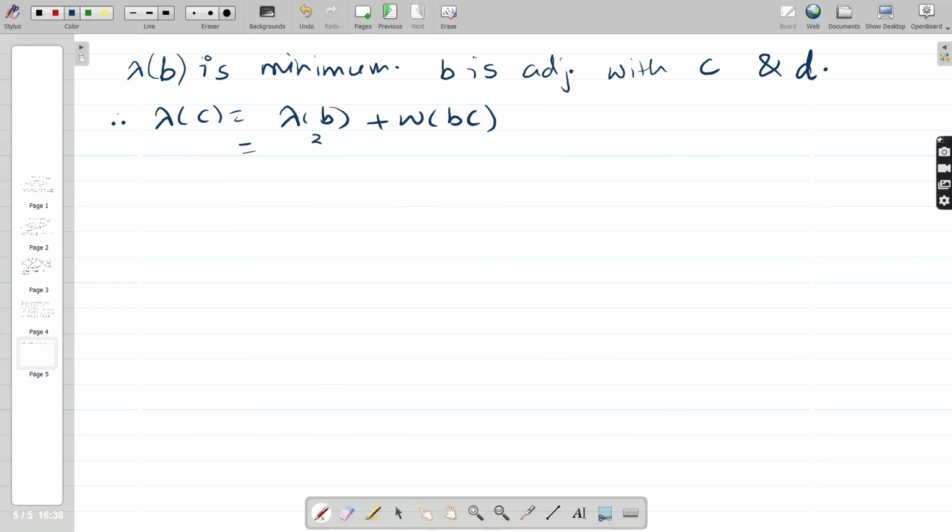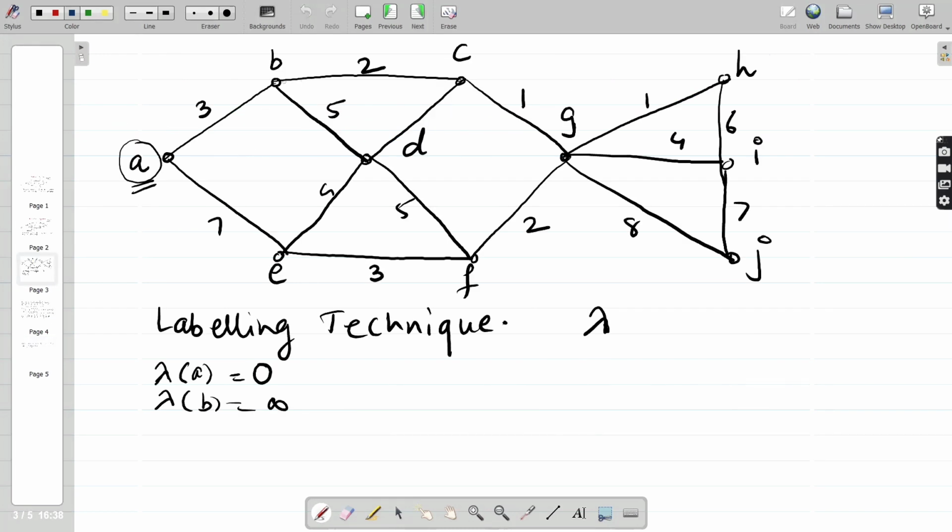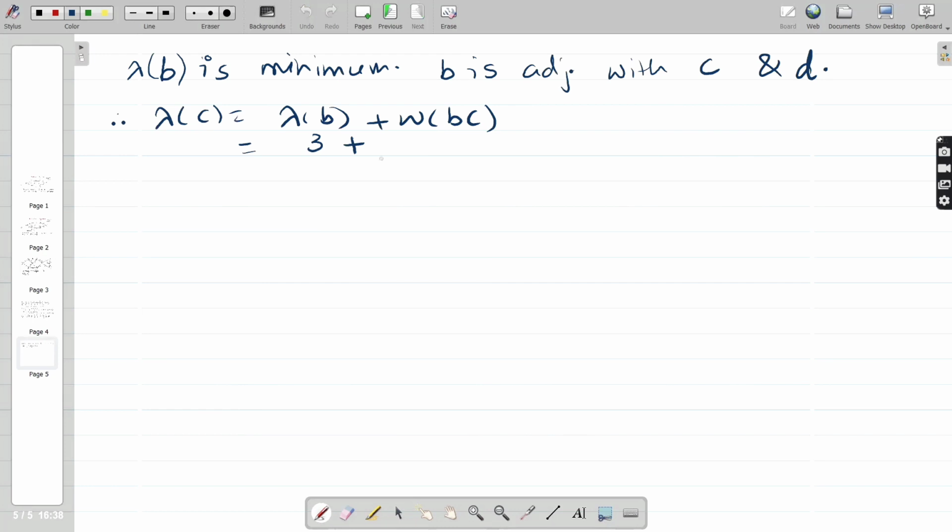Now, lambda B is 3, and the weight of BC is 2, and the weight of BD is 5. So this is 5, and 5 is less than infinity. Lambda C was infinity, so we will replace lambda C value by 5.